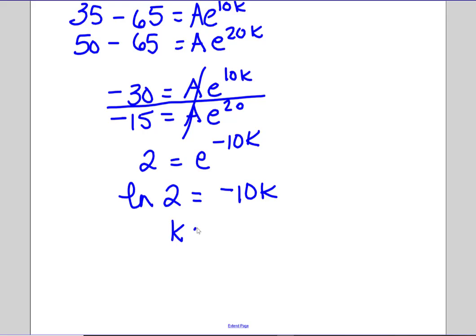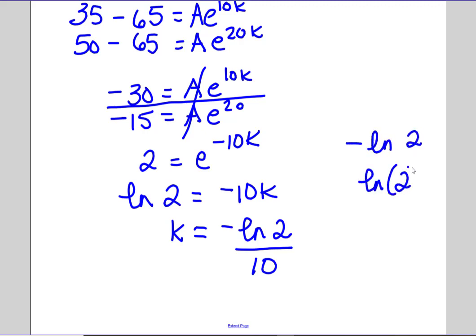So our constant k would be negative natural log of 2 divided by 10. And if you think about this, negative natural log of 2 would be the natural log of 2 to the negative 1 power, or the natural log of 1/2.